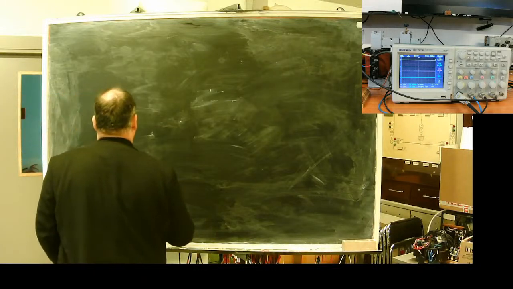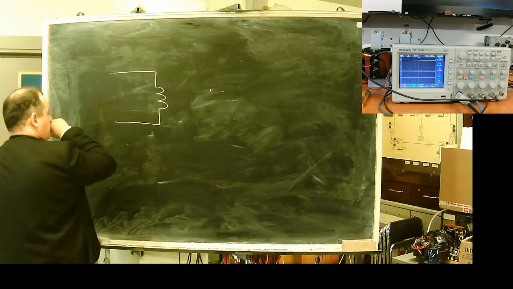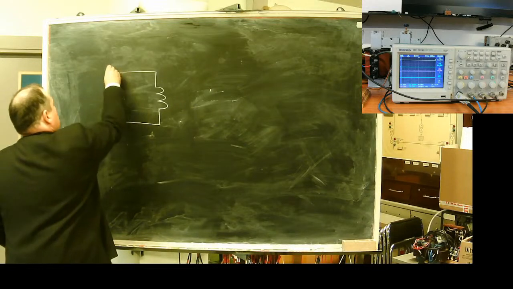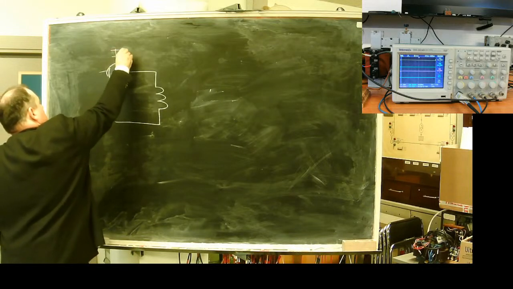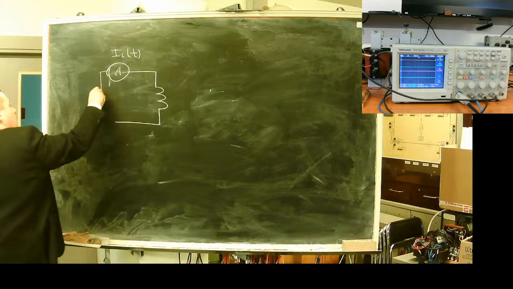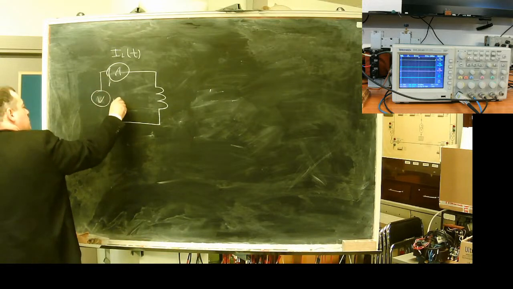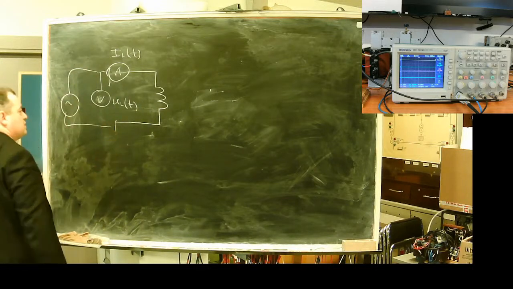Again, I have a coil. Shows if I have a measurement, let's say, and some AC source.